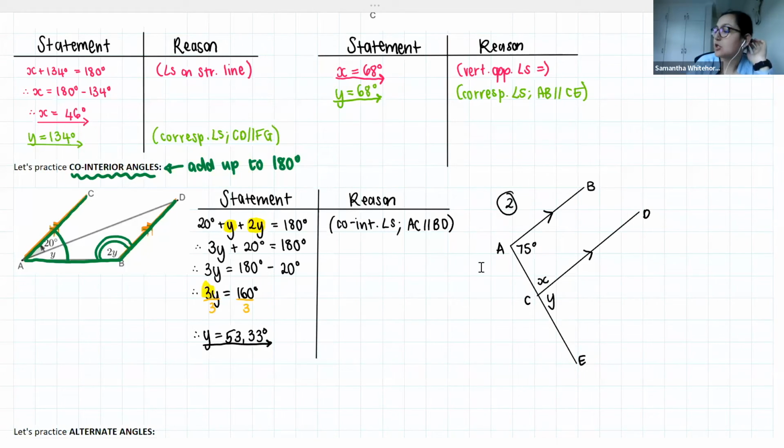Remember, answers in the chat with both answer and reason. And guys, remember, if you're feeling stuck, where you always start is by identifying your parallel lines. See if that helps you get to the answers that you want.